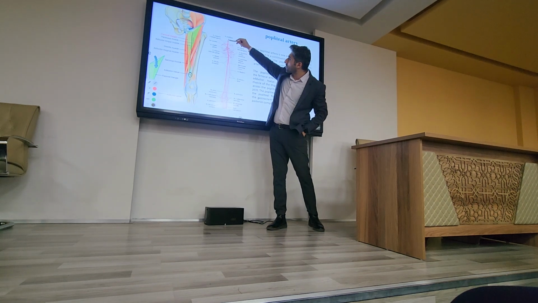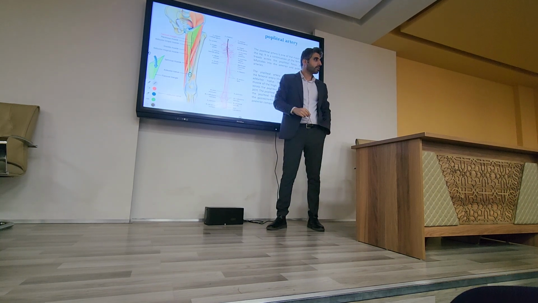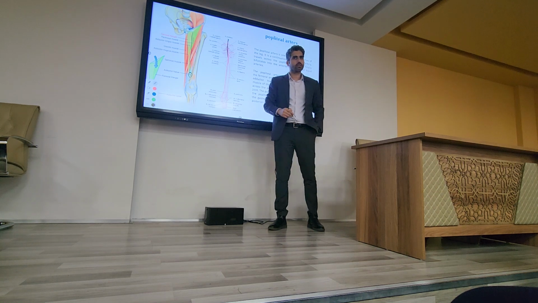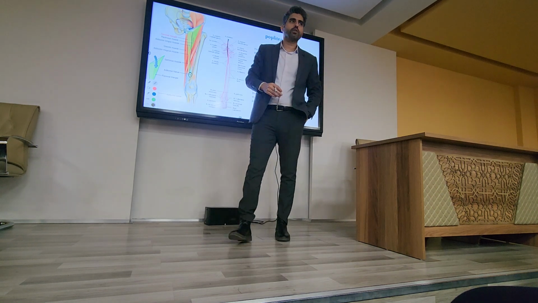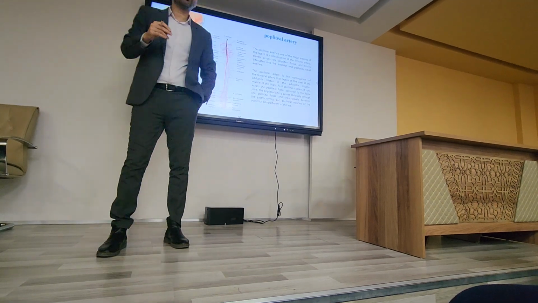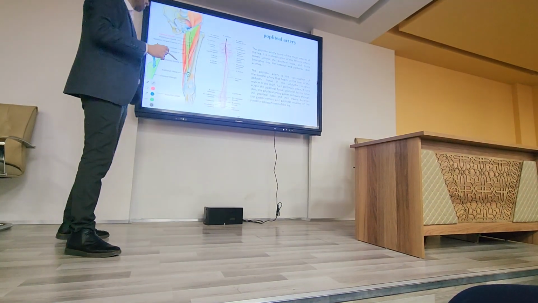Now I can see the artery here. This is the popliteal artery. It has some muscular branches, and the most important branches are the genicular branches.